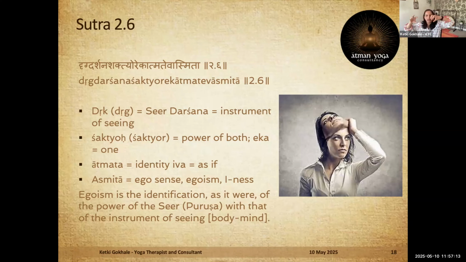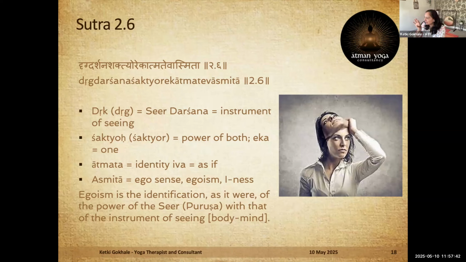These individualized components have started becoming. And that is asmita, the sense of duality. Egoism is the identification, as it were, of the power of the seer, Purusha, with that of the instrument of seeing.